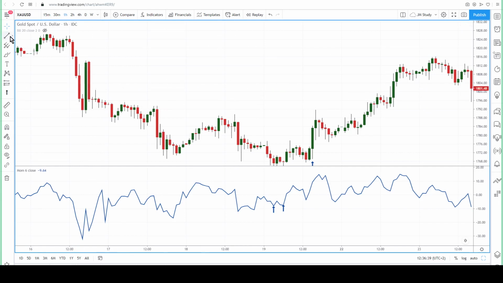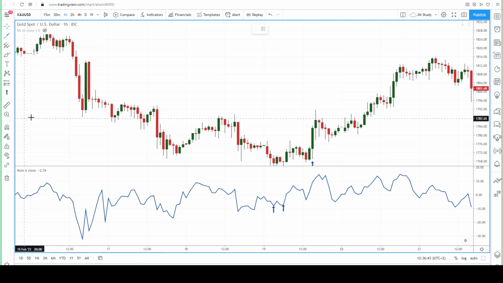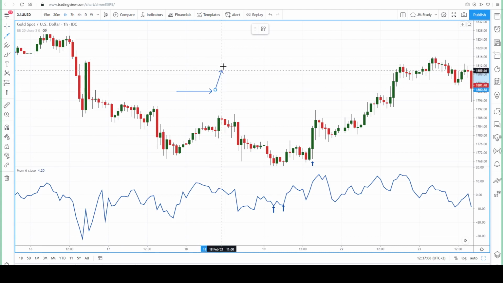And just briefly, I'm going to give you a quick bonus here. Let's use this arrow. The markets move in stages. The first stage is, and let me make this a solid line, the accumulation stage, when the market usually chops around and moves sideways. Then you have a markup phase.